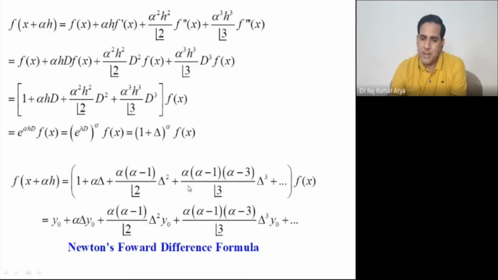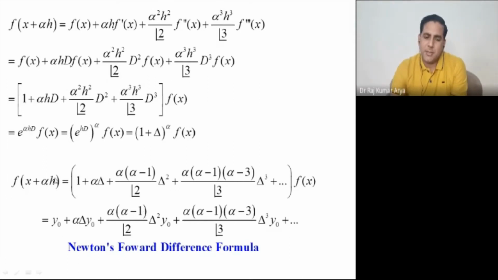If you multiply f(x) inside, this would be your Δf(x), the first difference, then Δ²y₀ is the second difference, Δ³y₀ is the third difference, right? So now you have derived the formula for Newton's forward difference interpolation.